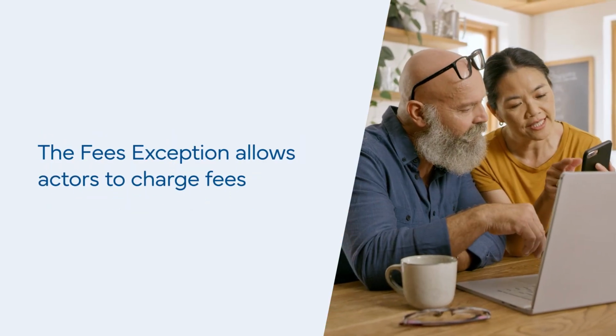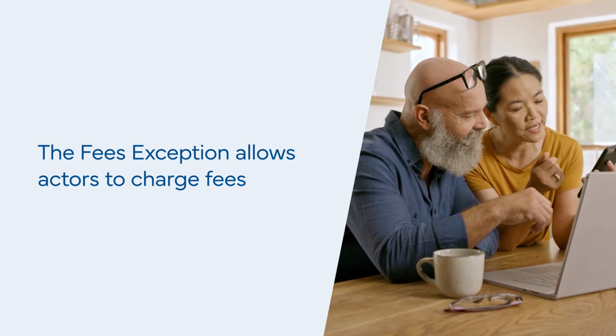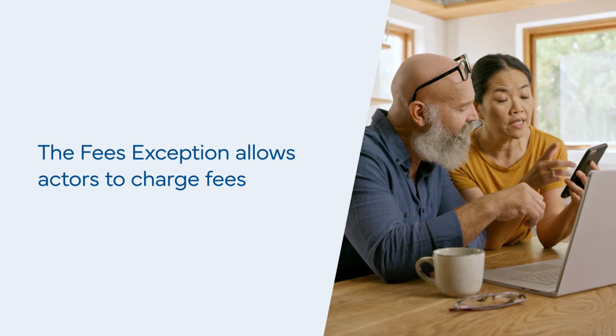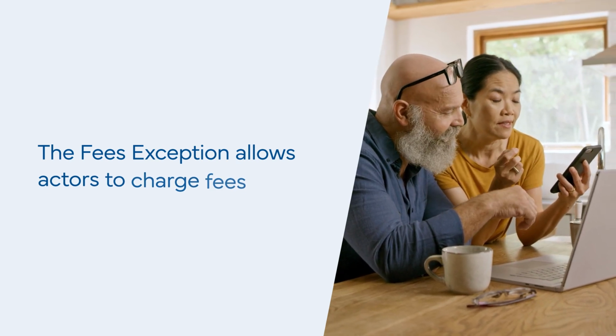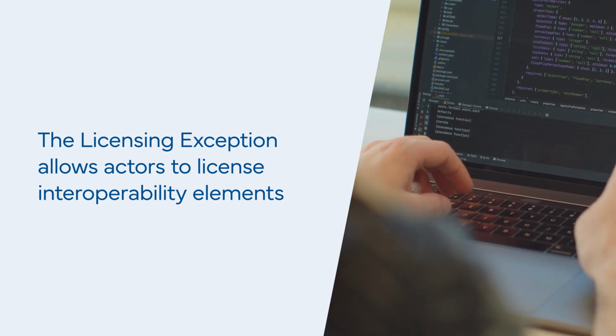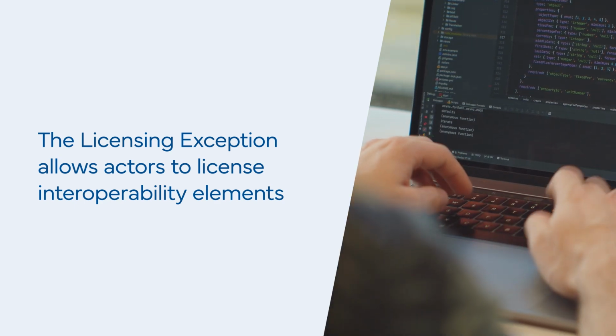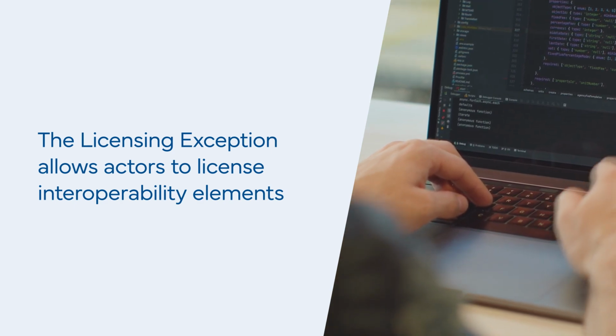The fees exception allows actors to charge fees, including fees resulting in a reasonable profit margin for accessing, exchanging, or using EHI. The licensing exception allows actors to license interoperability elements used to access, exchange, or use EHI.